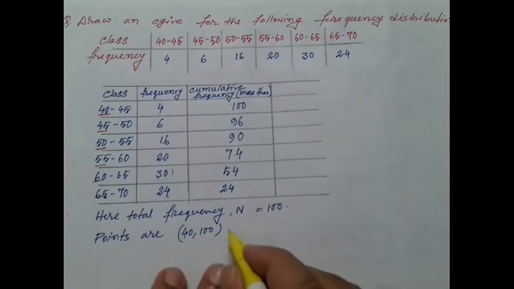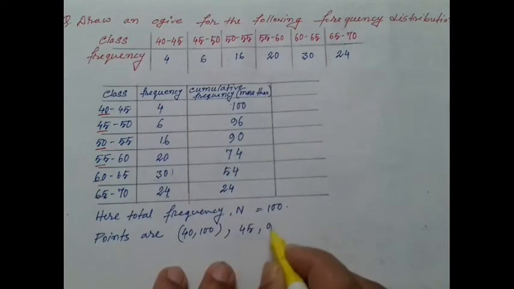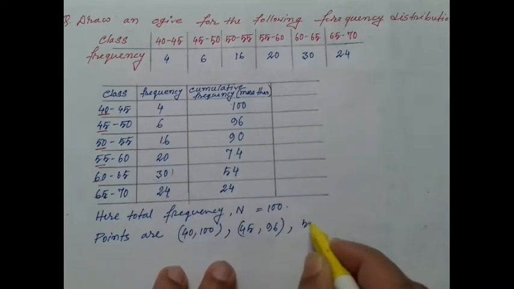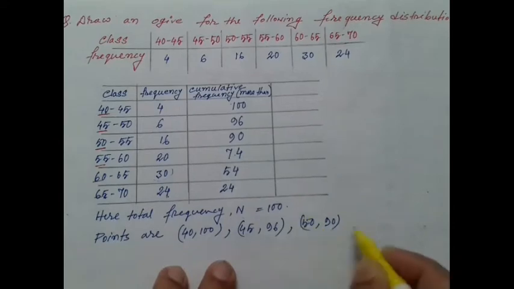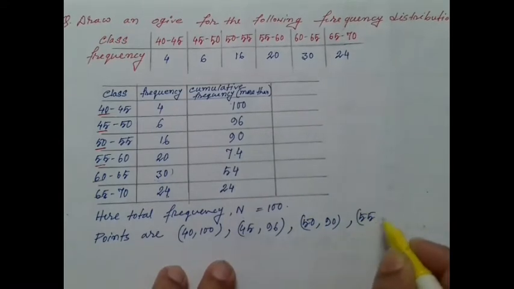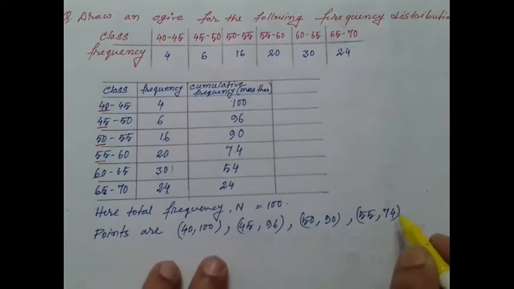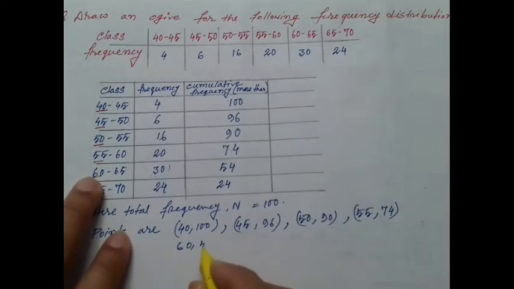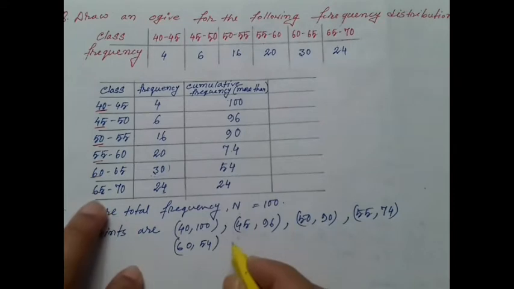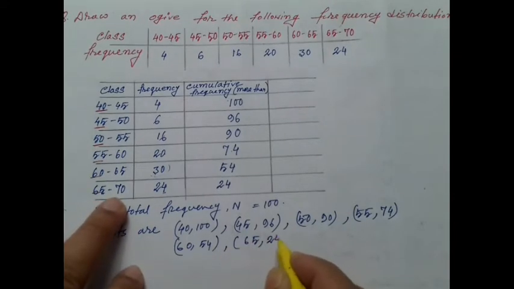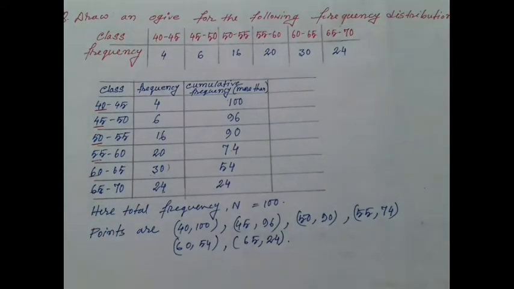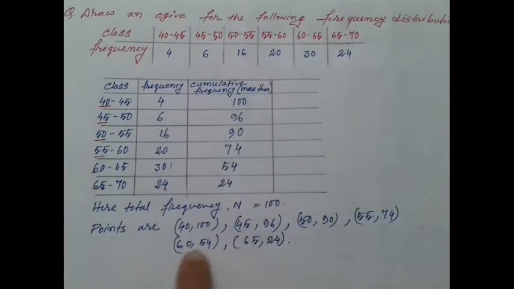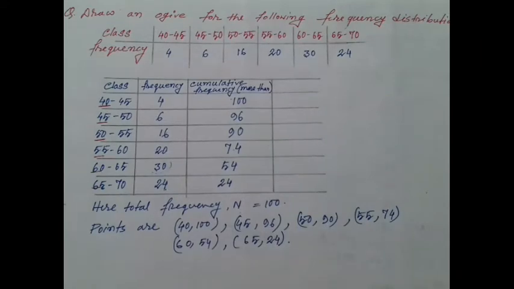Then 45, 96; then 50, 90; then 55, 74; then 60, 54; and 65, 24. Now we have to plot all these points on graph paper.